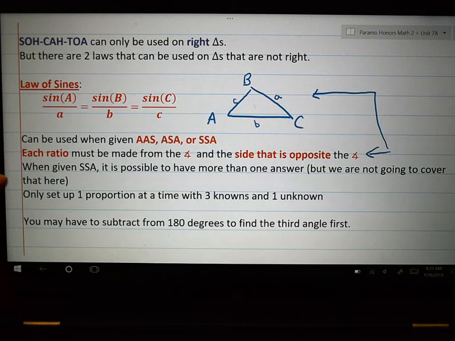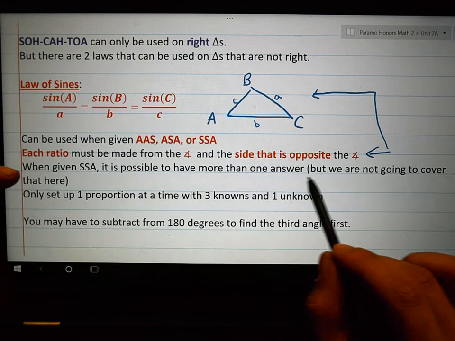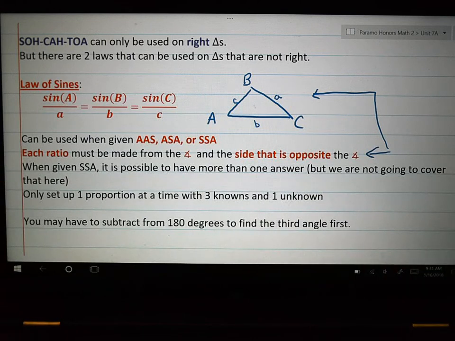I only put this next sentence because of my AMA. When given side, side, angle, it is possible to have more than one answer, but as far as I know, we are not covering that here. Just in case you learn something later on and say, Mr. Brumman, you never taught us this back when we were freshmen and sophomores in Honors Math 2. I'll say, yes, I did.